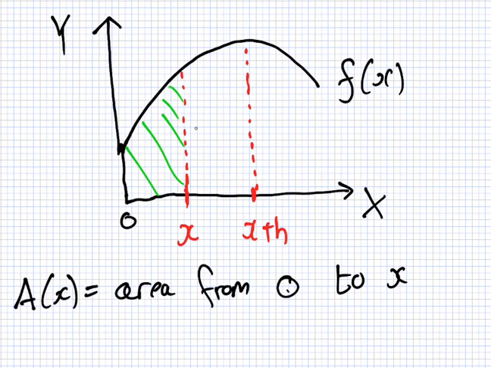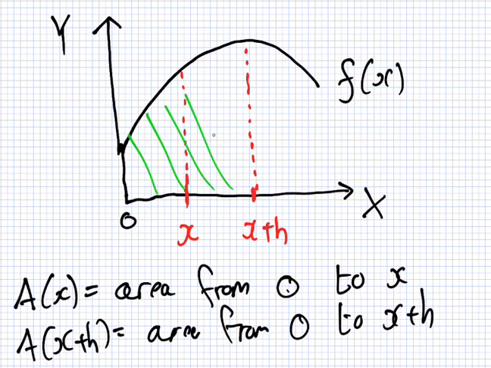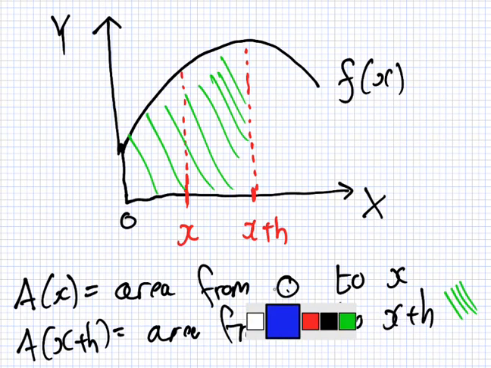That's what A(x) represents. So likewise, what would A(x+h) represent? Well, that would be the area from 0 to x+h, which would be this area. So in green, that's that area, and then in blue is the other one.